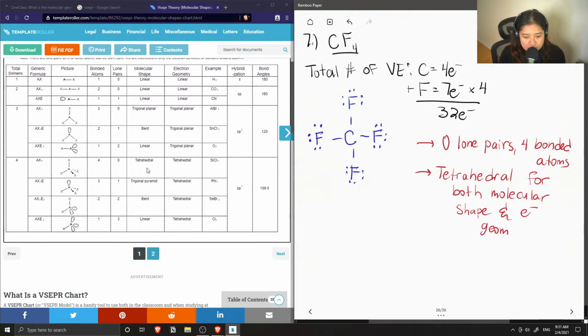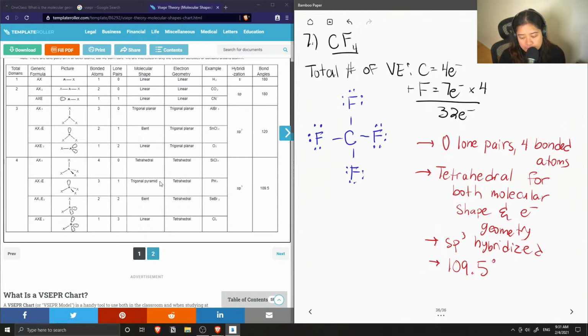We can also see that the carbon is sp3 hybridized, and that the bond angles between the groups are around 109.5 degrees.